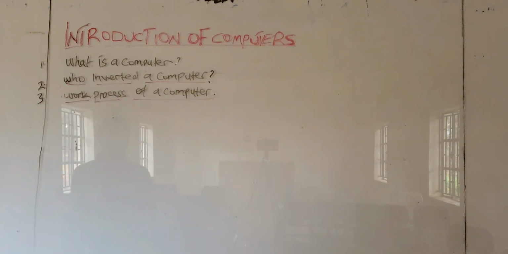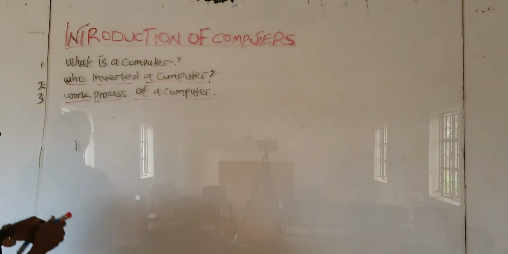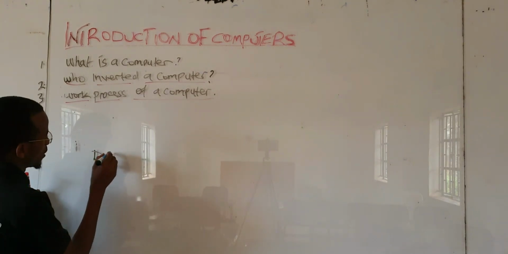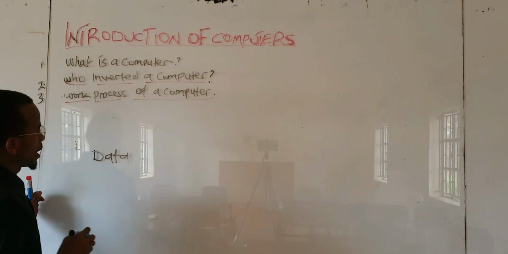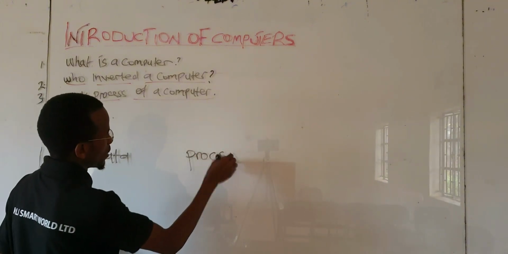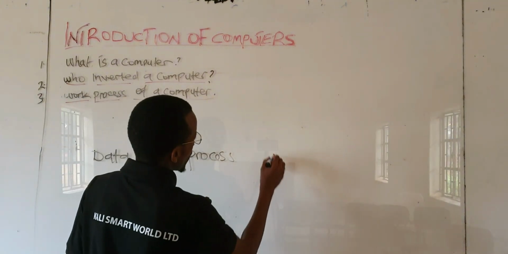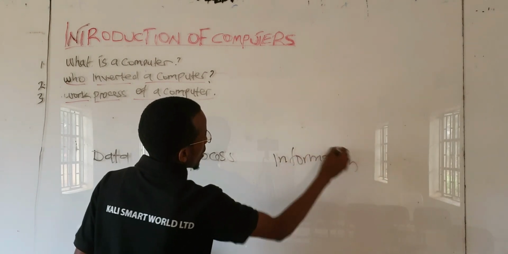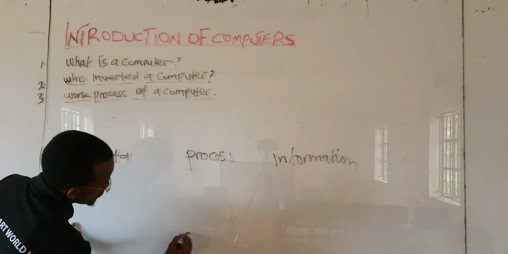So here we have data, here we have process, here we have information, and here we have storage.